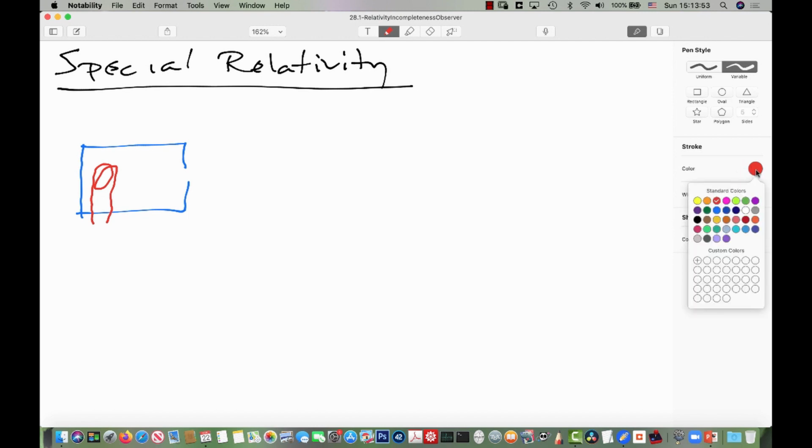Electrons boil off of it. So some random electrons will come off. And then we go ahead and accelerate them through a known potential difference made by a couple of plates.